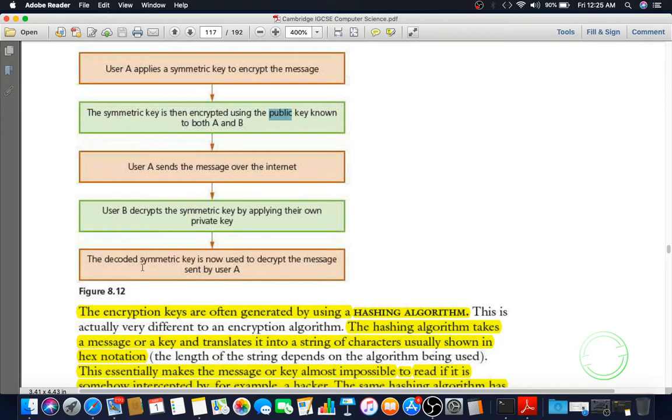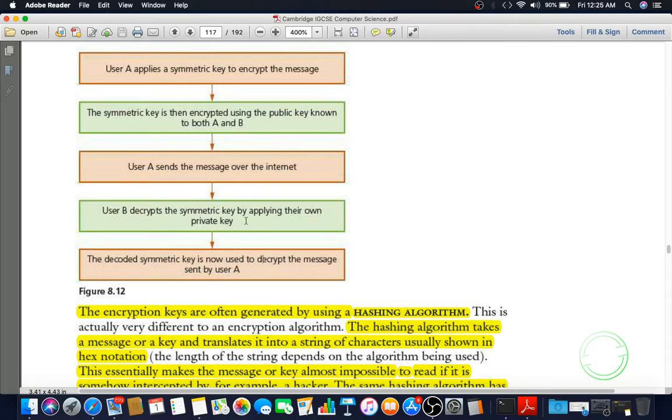Now the decoded symmetric key is used to decrypt the message sent by user A. So user B knows the symmetric key, and now user B uses that symmetric key to decrypt the message sent by user A.